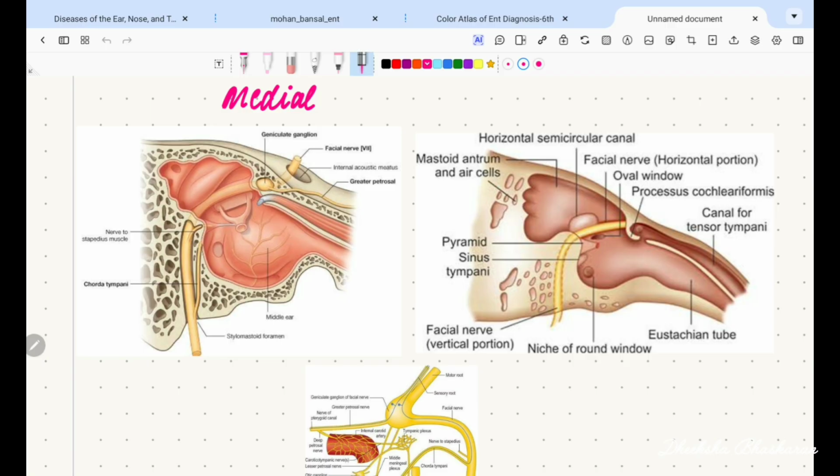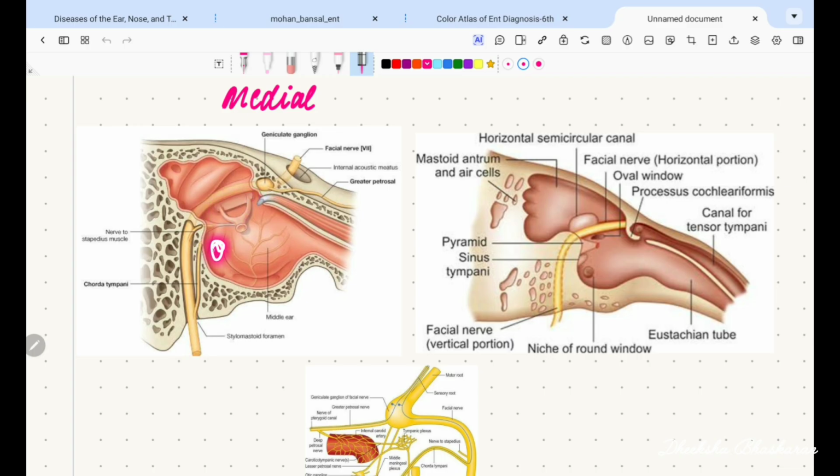And we see here the facial nerve entering through the internal acoustic meatus, running horizontally in the medial wall of the middle ear cavity, and forming a ganglion here called the geniculate ganglion. Above this is the prominence of the lateral semicircular canal, and here is the oval window where the footplate of the stapes is attached.